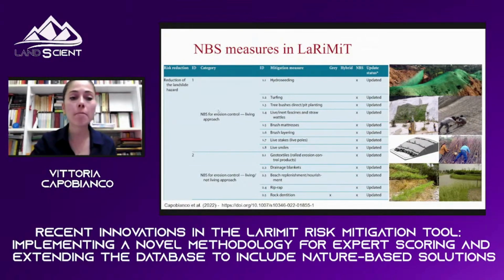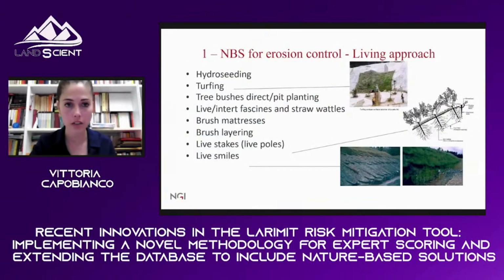And at the end, we came up with two main categories. The first one was NBS for erosion control, living approach, and the other one NBS for erosion control, living and not living approach. So for living approach, we mean only natural materials, only vegetation or live cuttings, etc. For a combination of living and not living, we may also have inert materials such as stones or rocks, etc.